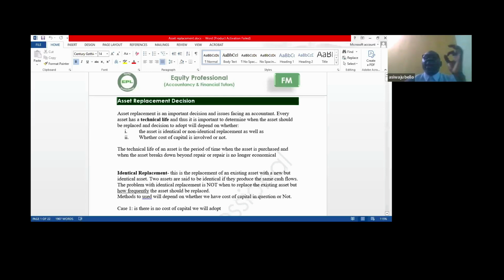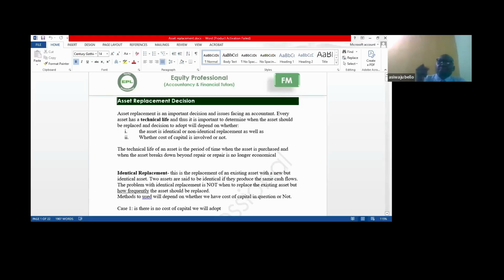At this point, management must decide on how to replace the assets. If you don't replace your depreciated assets, that will affect the ability to make production. Imagine machines that have been working for 20 years. The production efficiency of the machine will reduce.